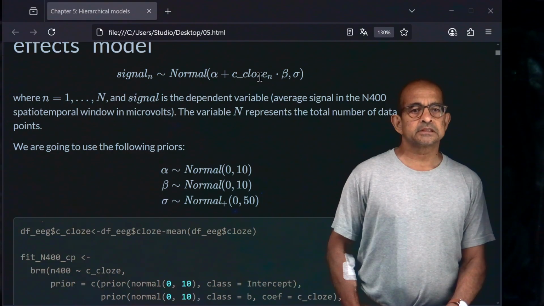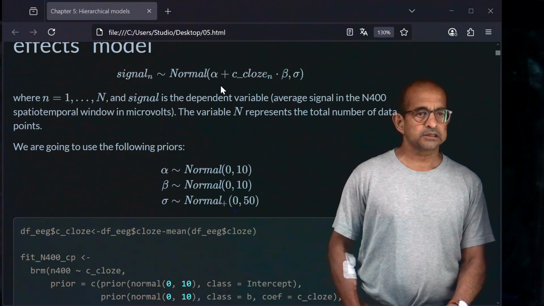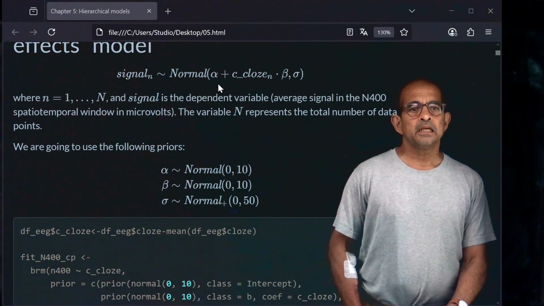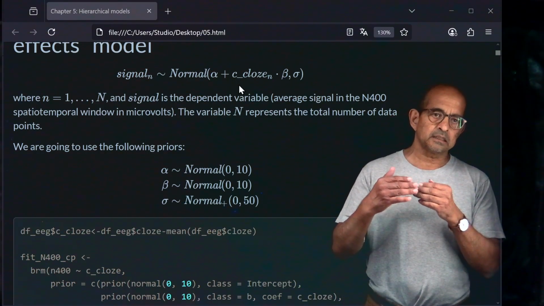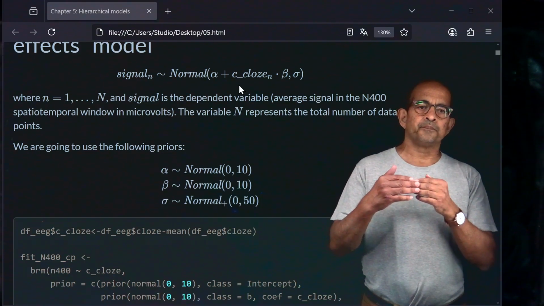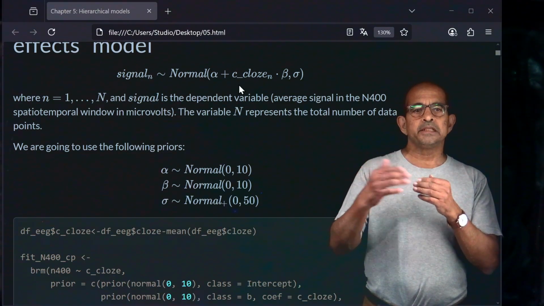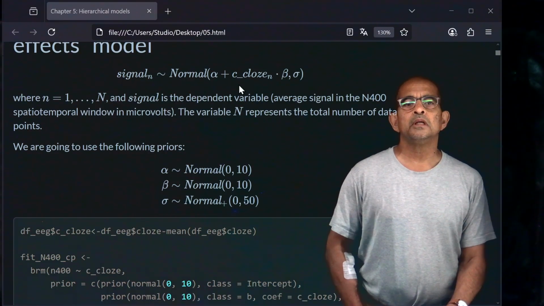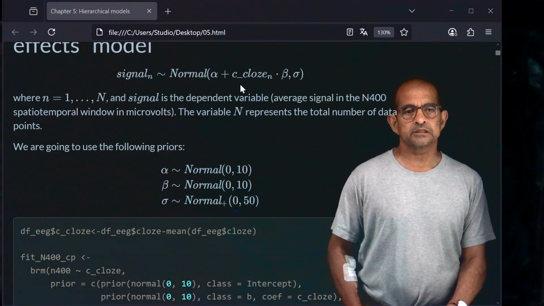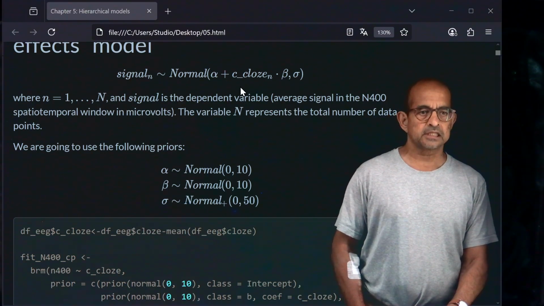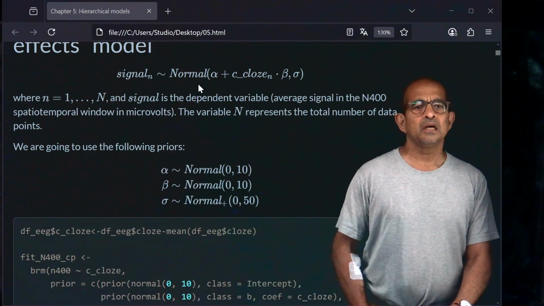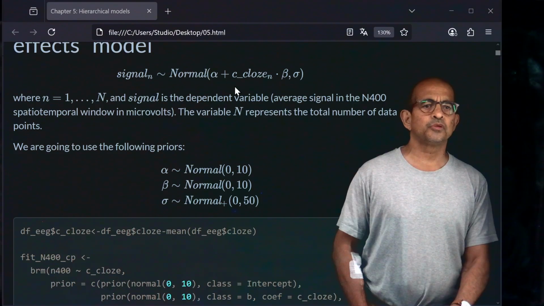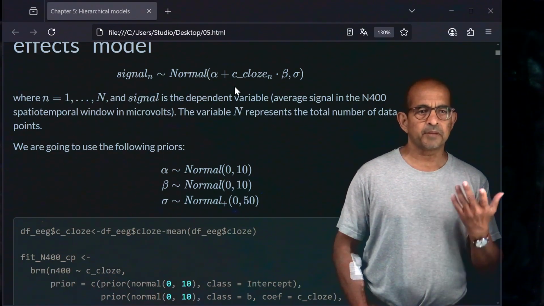We're going to start with a very simple linear model, just like the one that we had seen earlier. Here we've got an intercept as always, and then we've got a centered cloze value. These are the probabilities of producing a correct or incorrect response for particular items in the experiment. This is discussed in more detail in the textbook, but you've seen this kind of model before. It's just like the button tapping times.